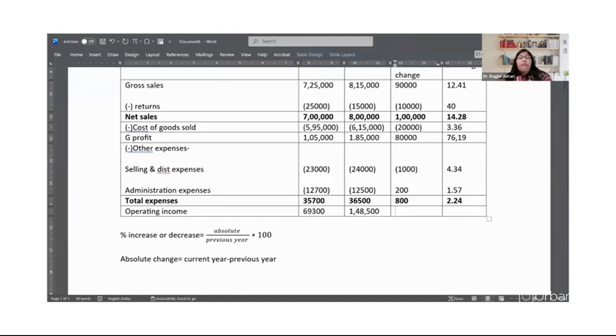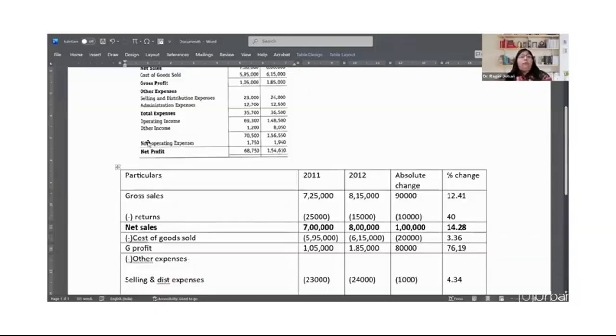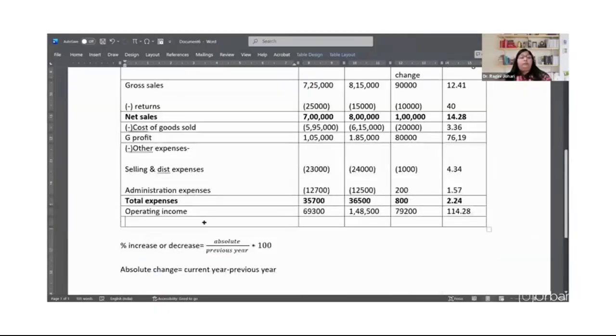So how much is the absolute change? The absolute change registered here is 79,200, and percentage change is 79,200 divided by 69,300. So it is 114.28. And then what do we have? Other income.